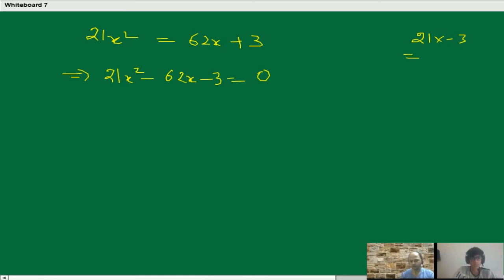Okay, because first we have to multiply, and then we have to find two factors so that their sum would be negative 60. Okay, fine. So what are the two factors? The two factors would be minus 63 and plus 1.